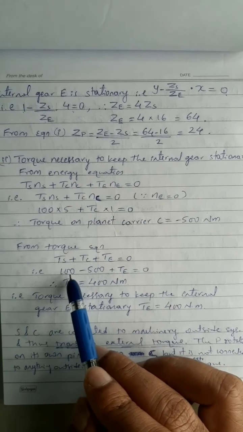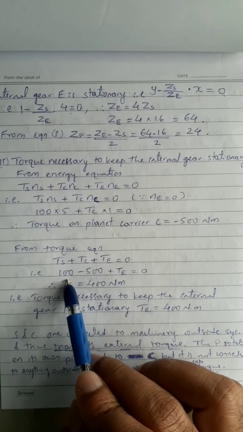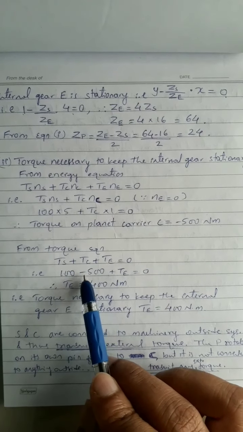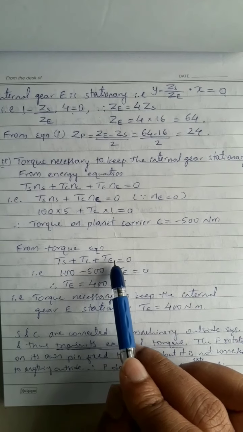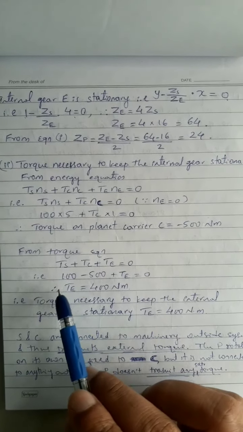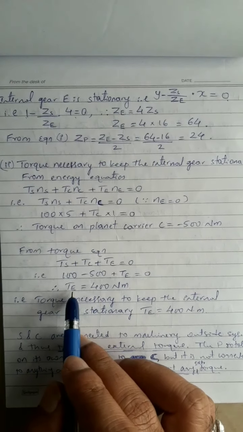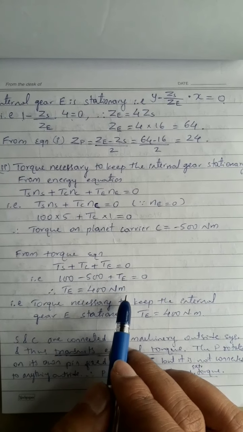Since we know the torque of the sun wheel as 100 and the torque of the planet carrier as negative 500, and we don't know the torque of E, by calculating this we find that the torque of wheel E is 400 Newton meter.